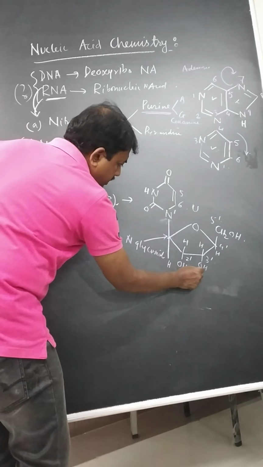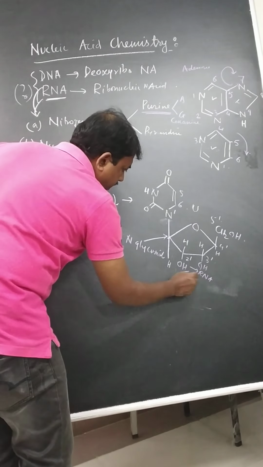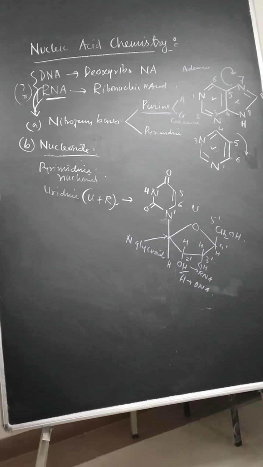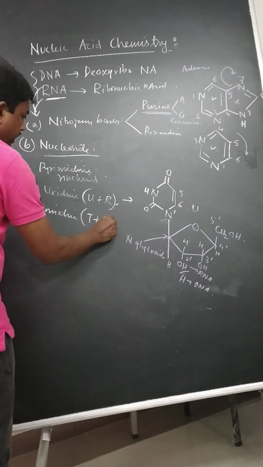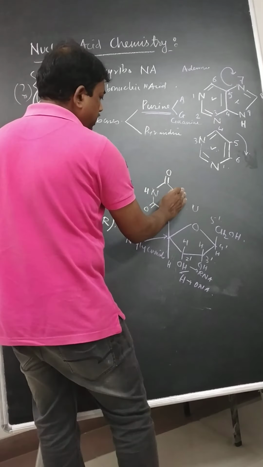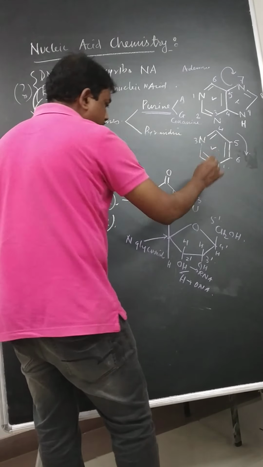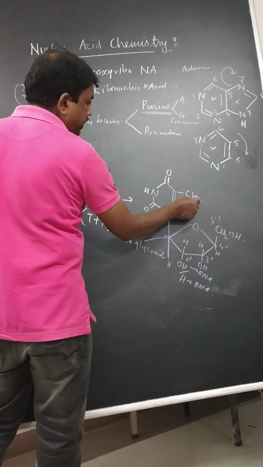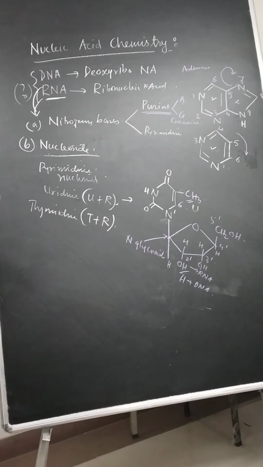Now in case of RNA this is OH. In case of DNA this is H. So this is uridine. Now in case of thymine, this is thymidine. Thymidine means thymine plus ribose. What will happen there? You just add only one methyl group here. After addition of one methyl group, this will be converted to thymidine.